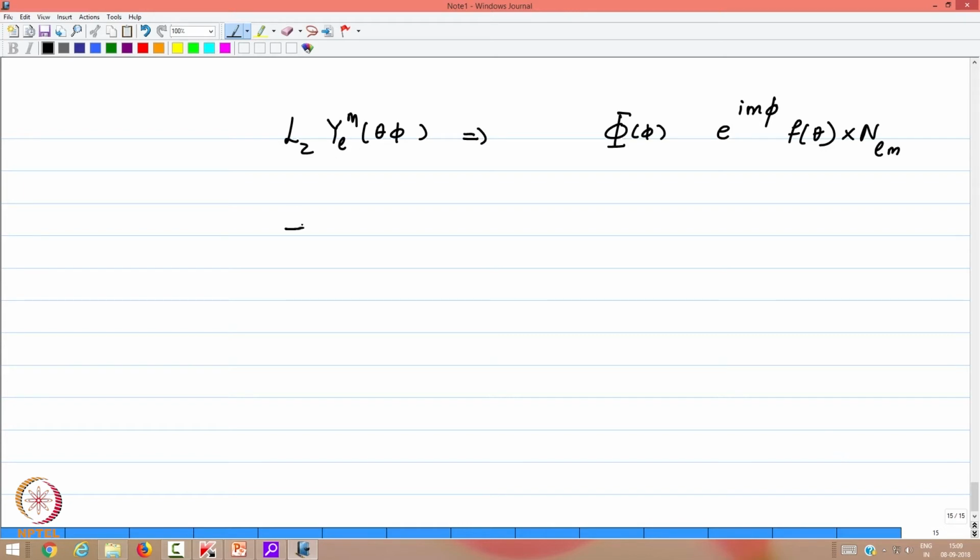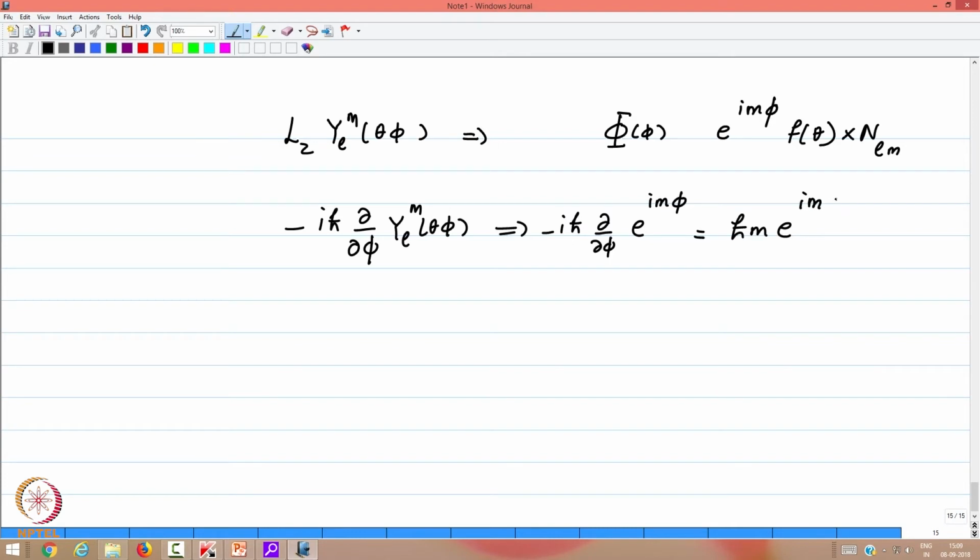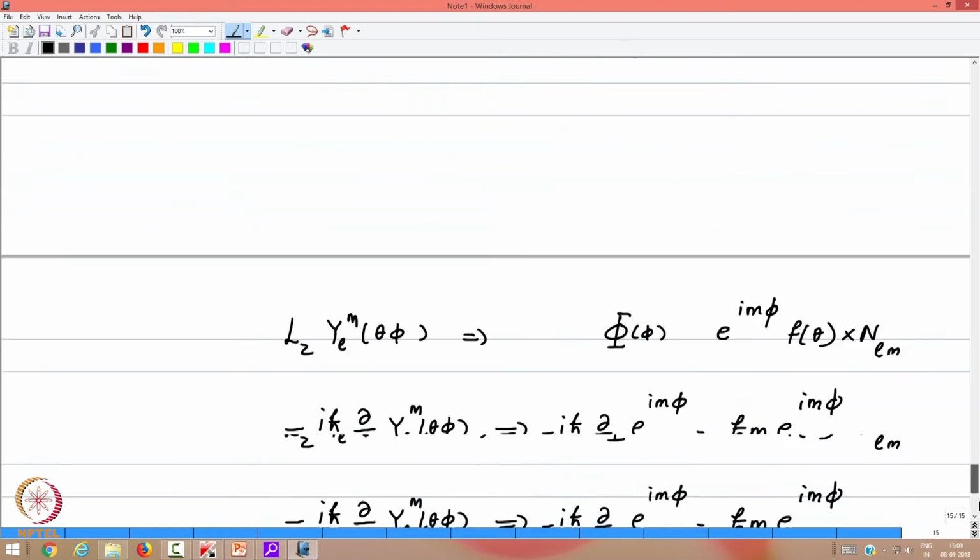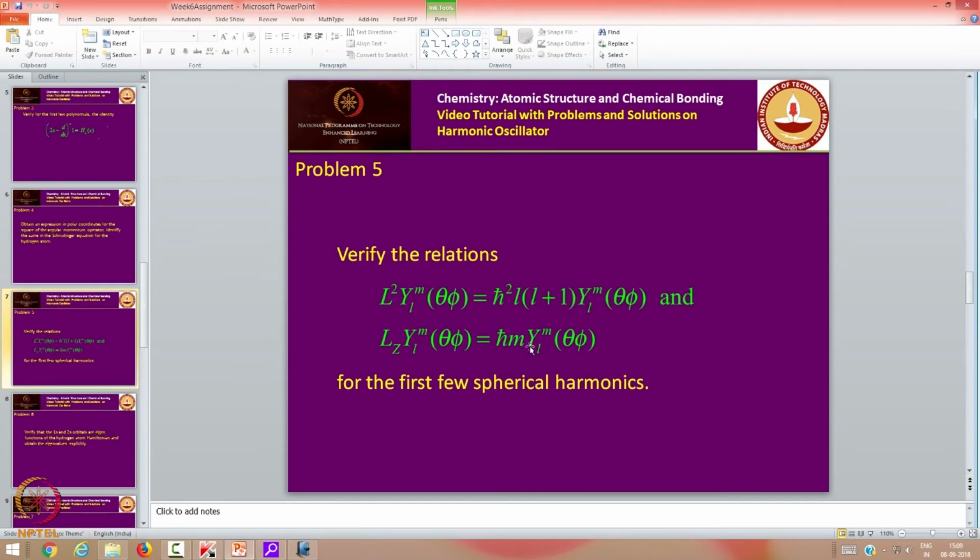Therefore, the Lz operator being minus i h bar dou by dou phi, the only action of this operator on Y_L^m will be to do minus i h bar dou by dou phi on e to the i m phi, because the other part is the theta part, not affected by this. And this gives you right away minus i into plus i h bar m, and it gives you h bar m Y_L^m, exactly what you have in the tutorial. This is true right away. Therefore, it's very, very elementary, and there should not be any confusion about that.